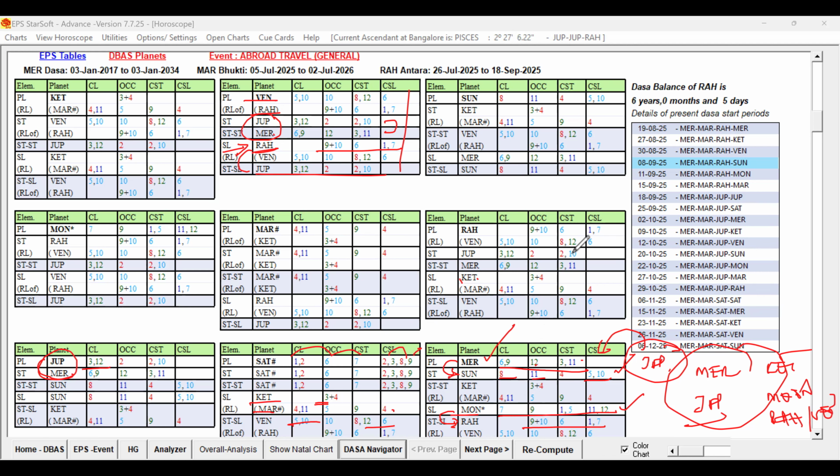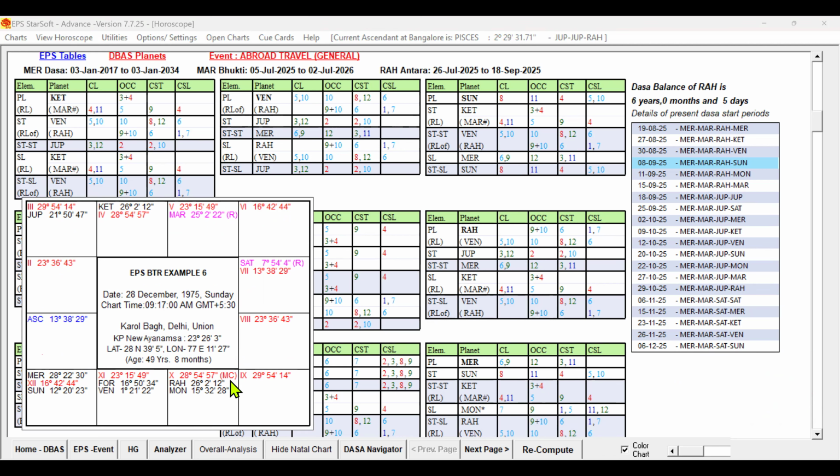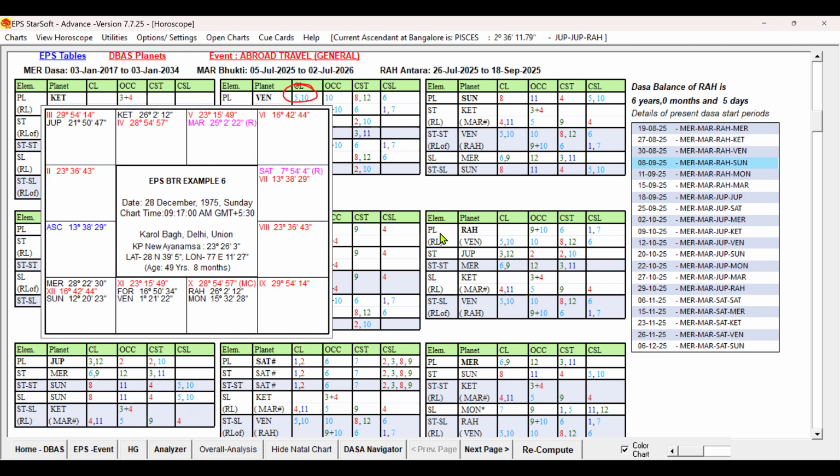And as I said, his type of profession is medical profession. So if you look at it, the 10th lord is Venus, the 5th lord and 10th lord Venus, and the cuspal star lord of the 10th house is Jupiter. Let me move this. The 10th cuspal star lord is Jupiter, and the 10th cuspal sublord is Sun.